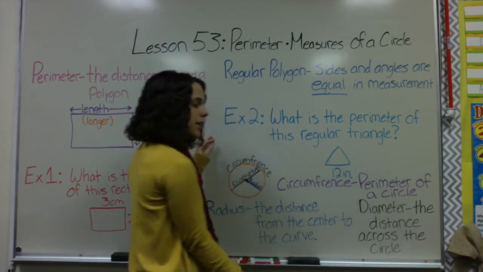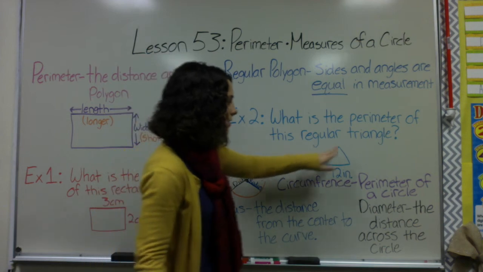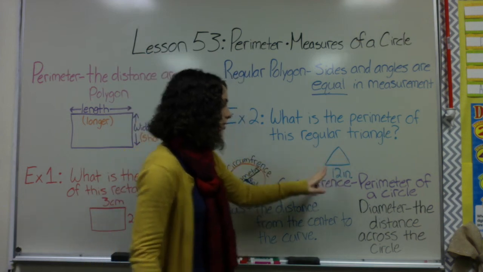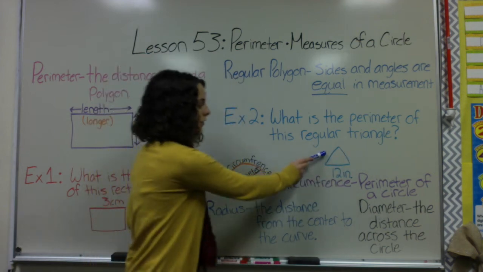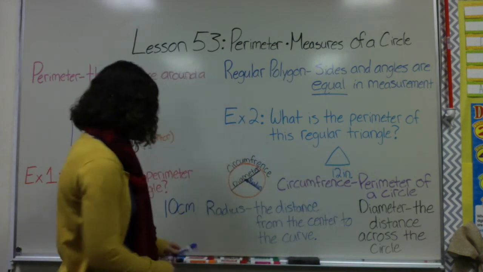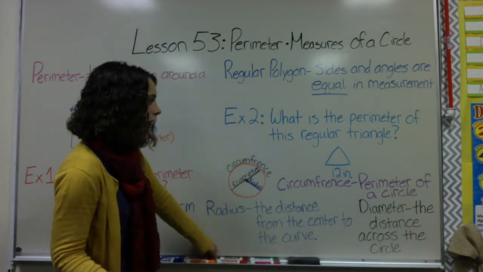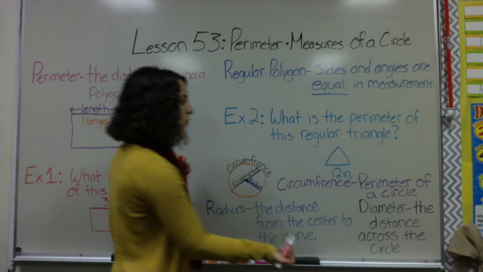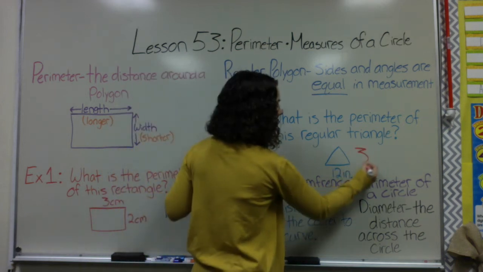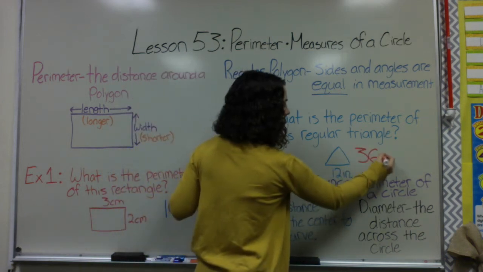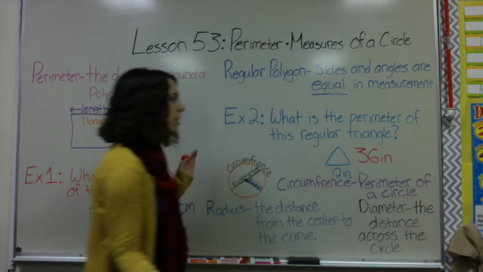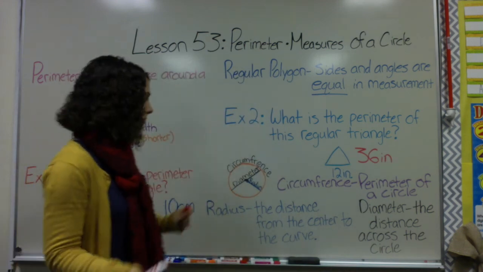That means that all sides are the same length. So 12 inches plus 12 inches plus 12 inches, or really that's the same thing as 12 times 3, which is 36. So 36 inches would be the perimeter of the triangle.